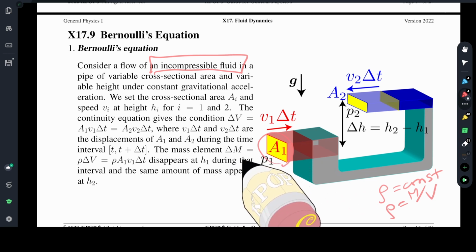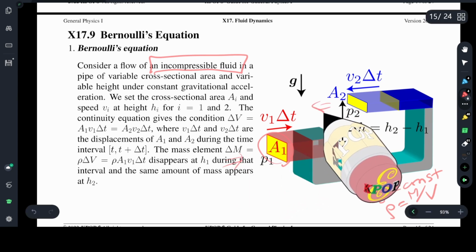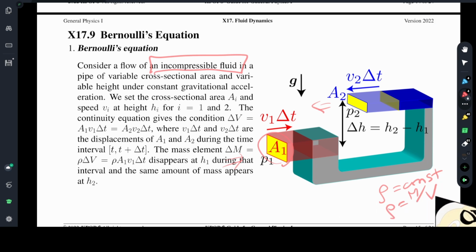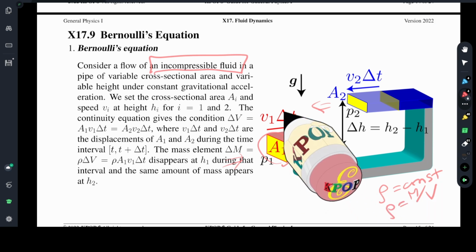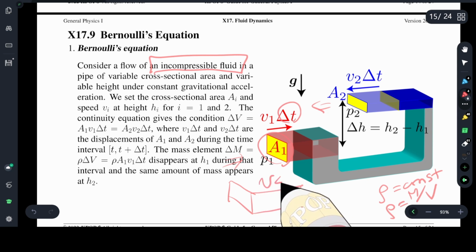If the fluid is coming into this left end and coming out of the right end, then the amount of fluid, that is volume, moved during the time delta t should be cross-sectional area multiplied by the distance, that is velocity times time. So cross-sectional area multiplied by v delta t, that is delta V, on the left side.